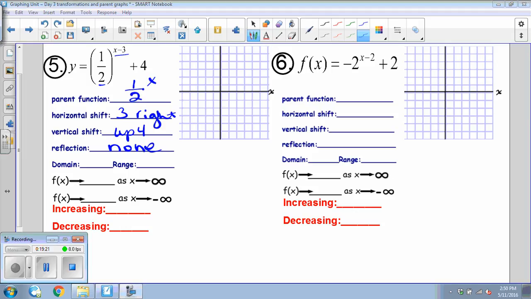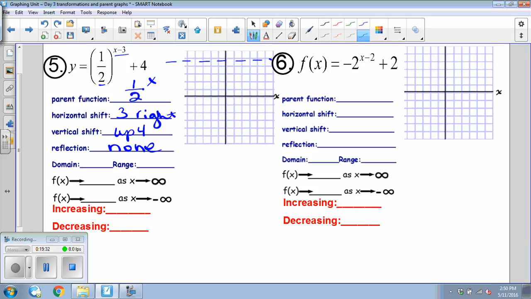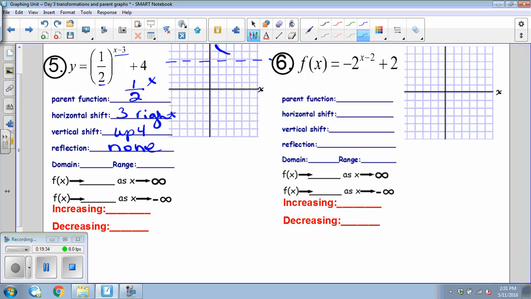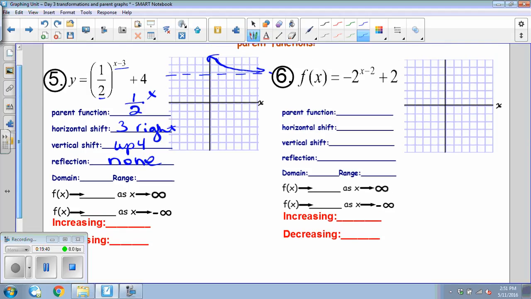it. Okay, exponentials have a horizontal asymptote. Instead of being at 0, it's going to be at 4. So my graph now looks like that. Okay, somewhat like that. My domain is all reals.